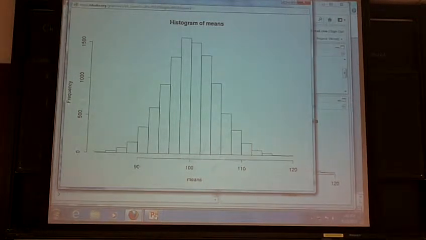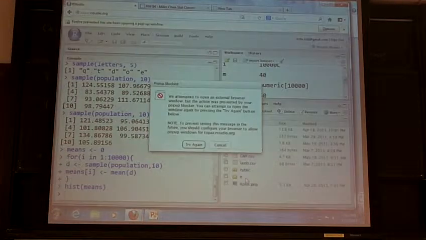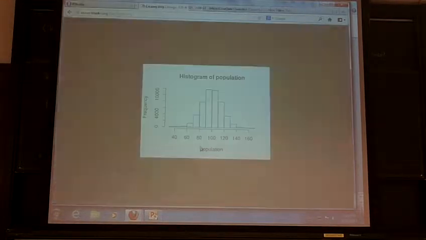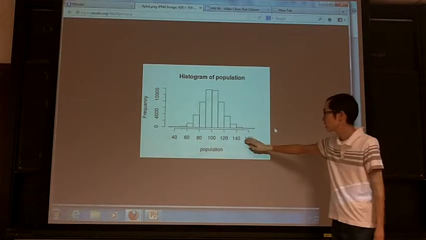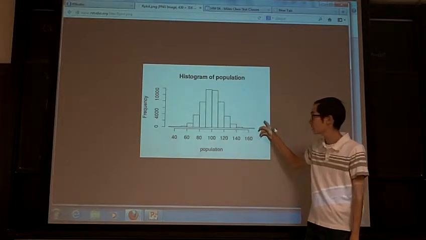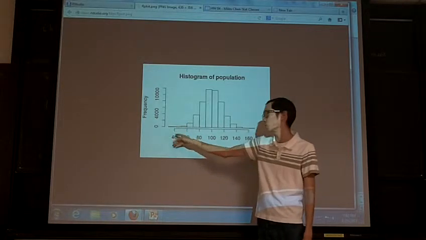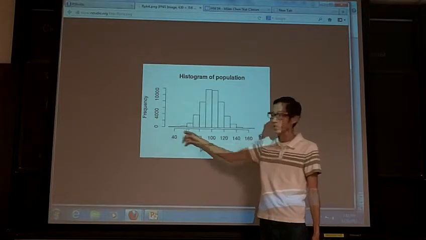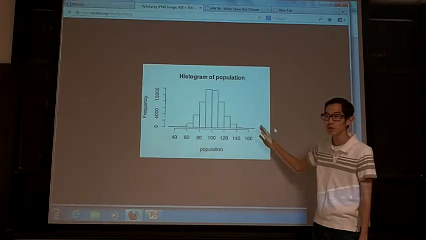So before, let's do this for the top here. This was the first one that we saw. When we looked at individuals, it seemed to go maybe not to 0 or negative numbers, but maybe 30, up to maybe 170-ish, somewhere around there.